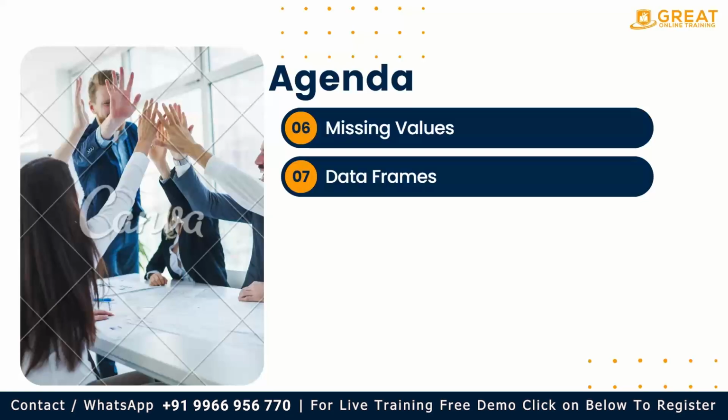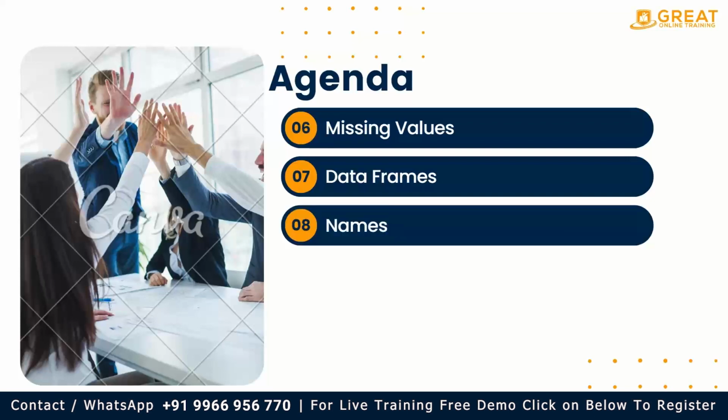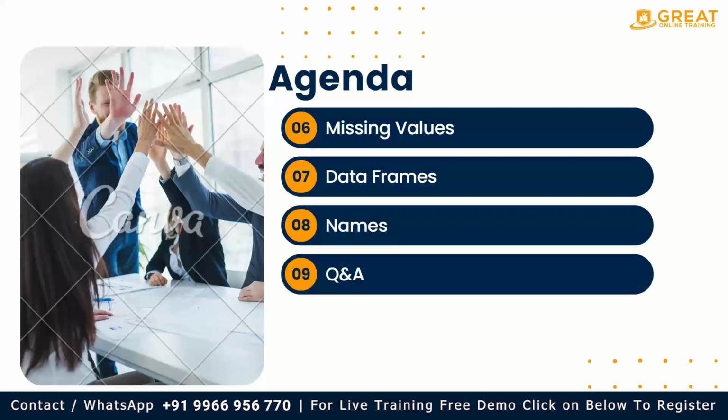The benefit of a data frame is you can process data very easily and efficiently compared to older structures, for example lists and vectors. Then I'll show you the attributes of a data frame, that is, you can extract variable names or column names, which are the same thing. And then we'll have a question and answer session at the very end.